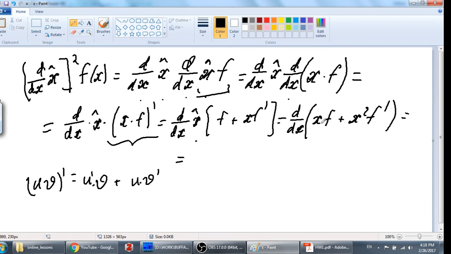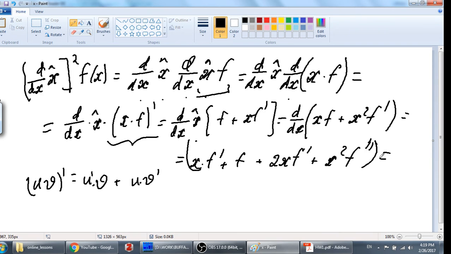Now again we have a sum of two products, and we take the derivative of that sum. The derivative of the sum is the sum of derivatives, and each derivative is a product. So you basically have x times f prime plus f, and then 2x f prime, and then plus x squared f double prime. Now if you close it, that's your result essentially.